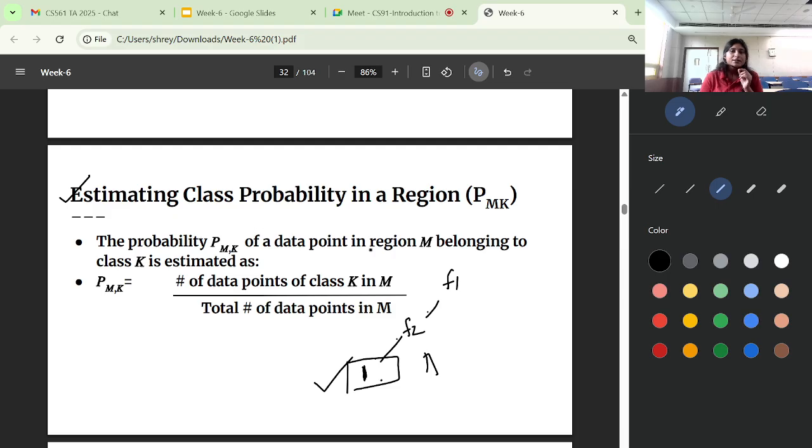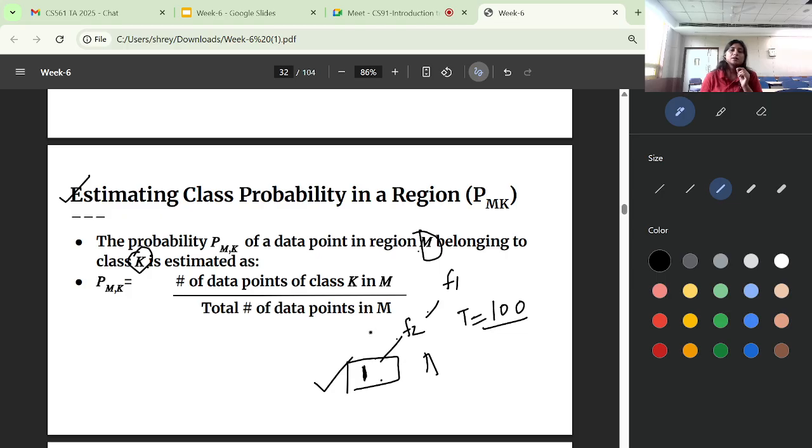The region is defined as M and the class is defined as K. So in region M, what is the probability of K? It's a simple process: in region M, how many total samples are there, out of which how many belong to class K. Let's say there are a total of 100 samples in your data set.